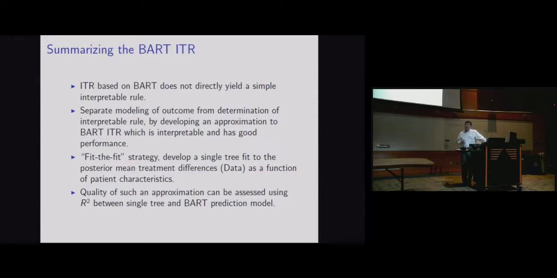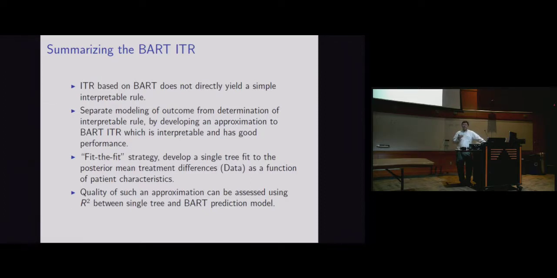Okay, so we're trying to develop an approximation to the BART ITR that is interpretable and has good performance. So this is a fit-to-fit strategy where we actually compute the posterior mean treatment differences for every patient, and we treat that as data. Okay?